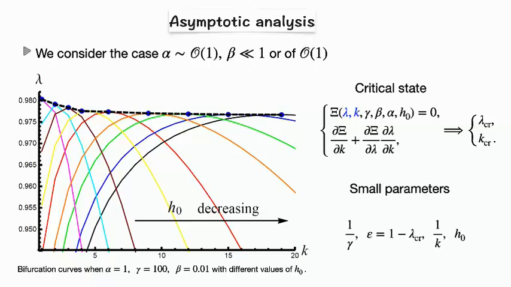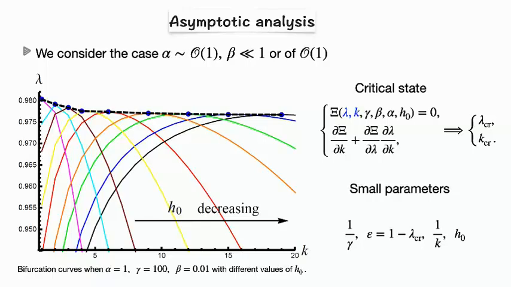And the small parameters are: we consider that H is very small, a very thin film. In this case, we know that the strain is very small. You can see that this is very, very small, around 2%. And the film is very stiff, so gamma is large, k is large.